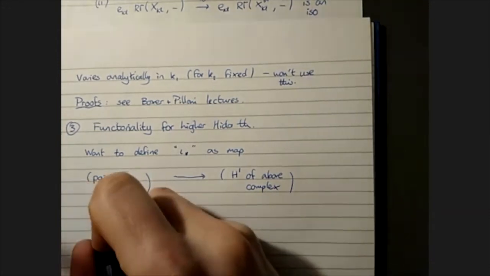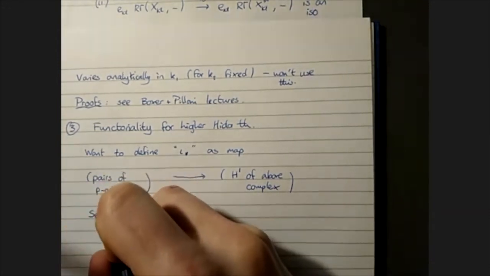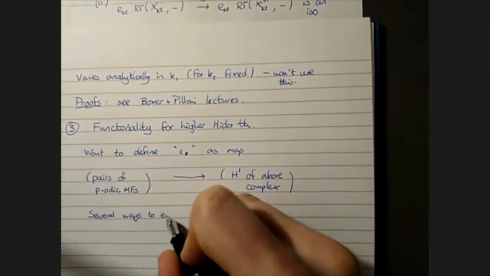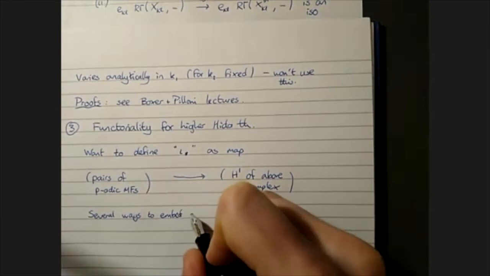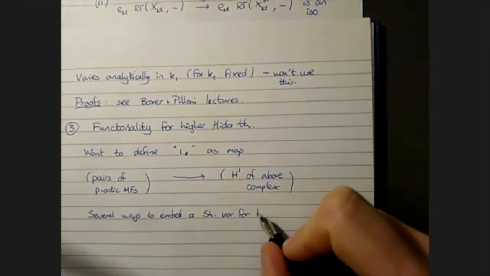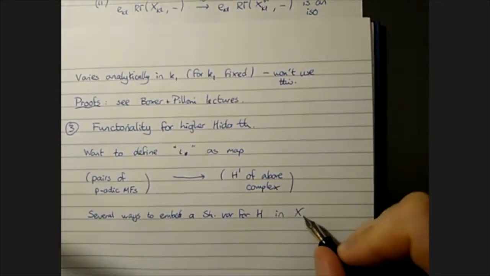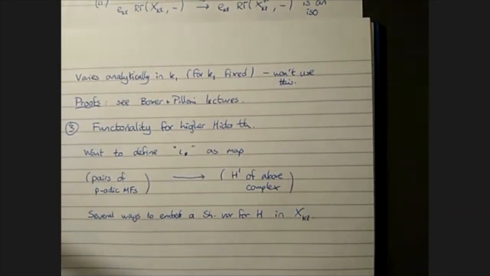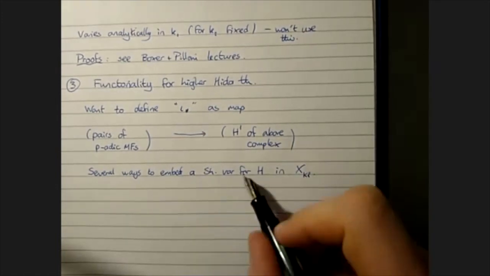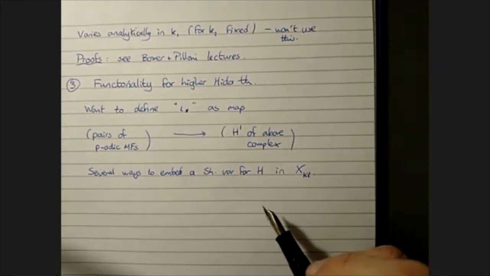So there's several ways to embed a Shimura variety for H in X Klingon. I'm not so interested in the story away from p, but the important question is, how does the level structure that this thing is parameterizing interact with the subgroup H?